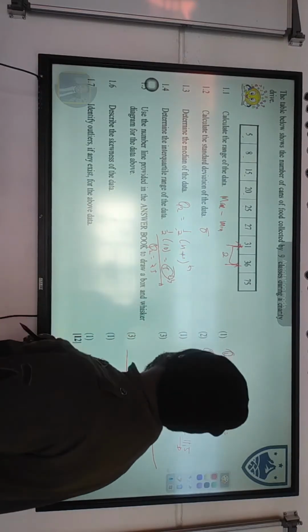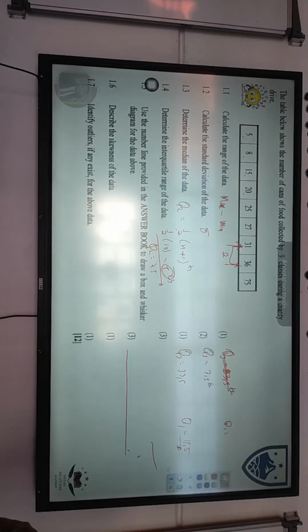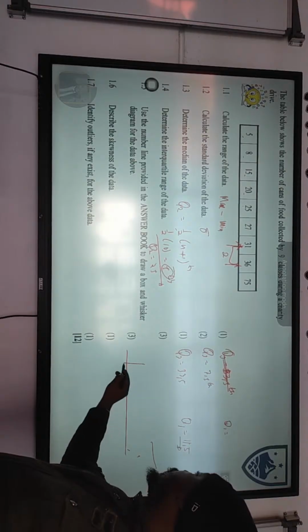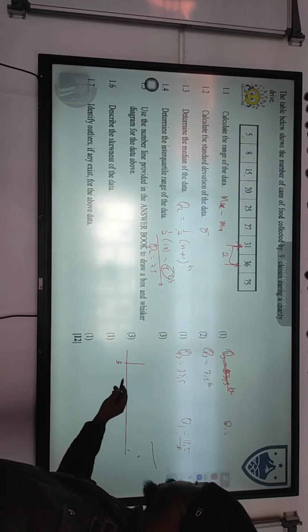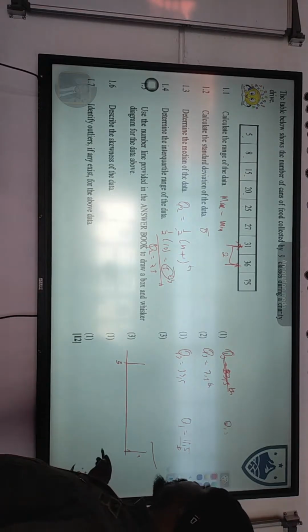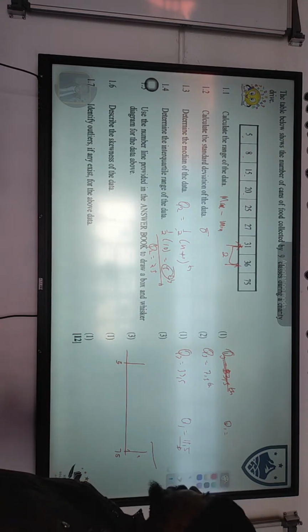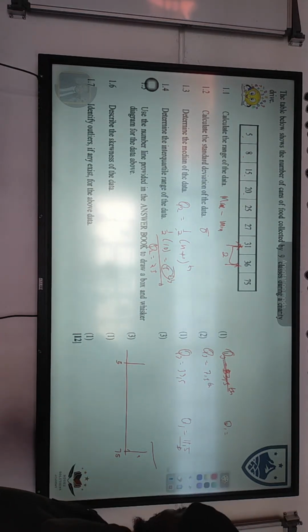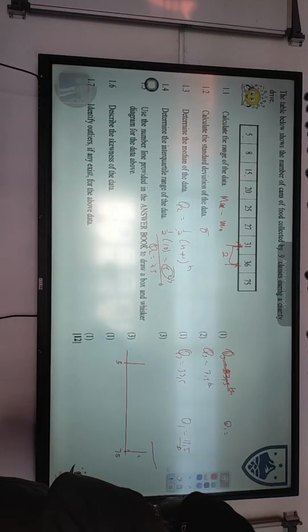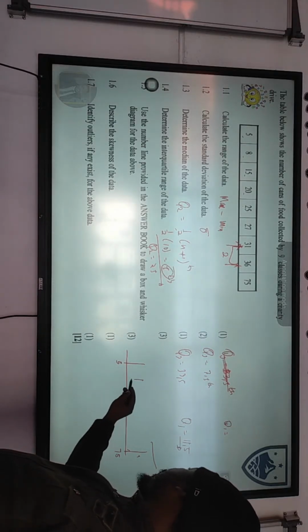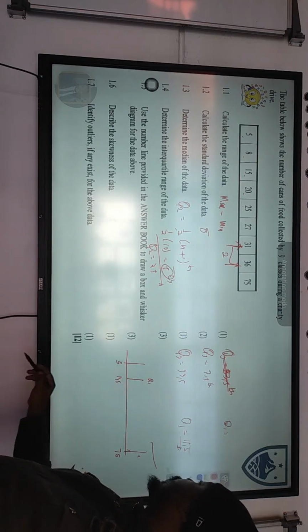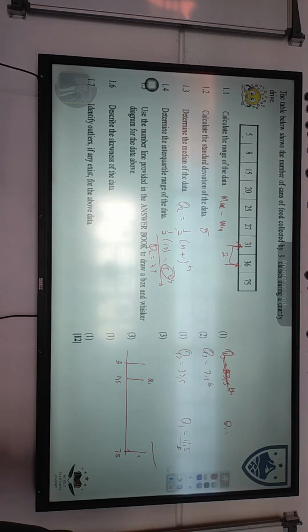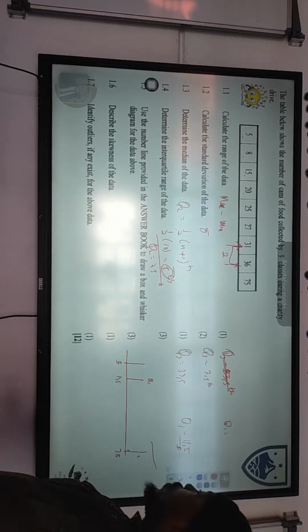On your number line, start with the minimum value, which is 5. Maximum value, 75. Your Q1 was 11.5. And then your Q2 was 25.